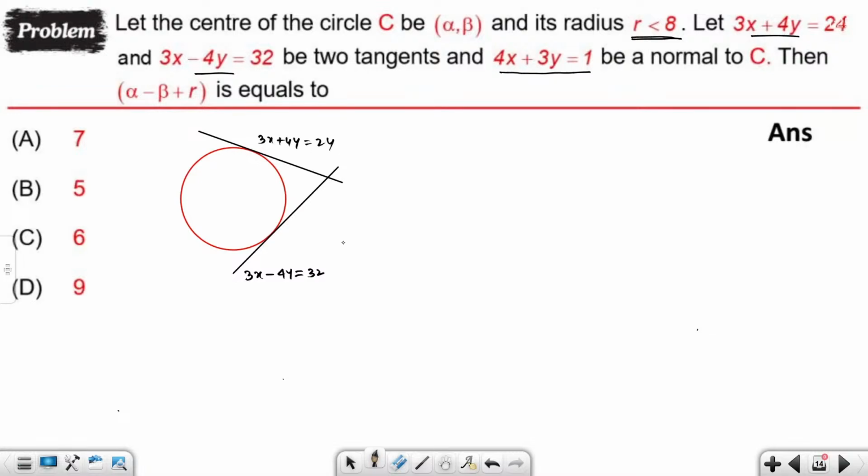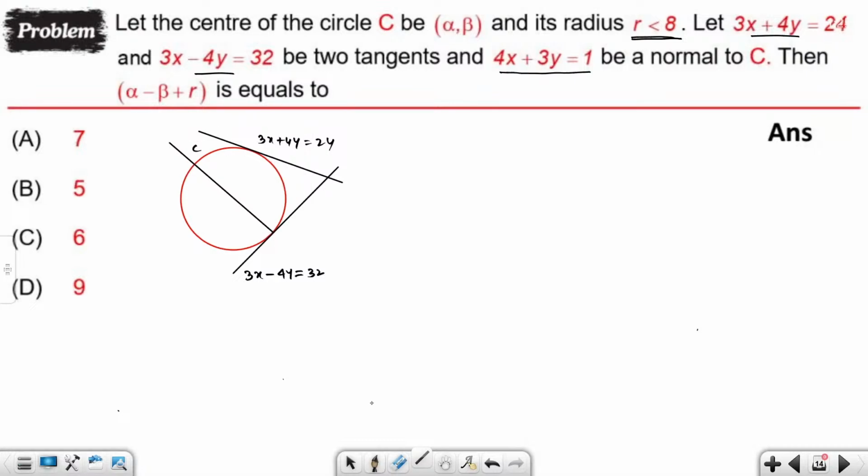Okay, now we can see that they have already said that 4x plus 3y equals to 1 is normal to this circle C. A normal to a circle, which is actually perpendicular to the tangent at the point of contact, always passes through the center of the circle. Therefore, the normal here is this line, which is actually perpendicular to this tangent.